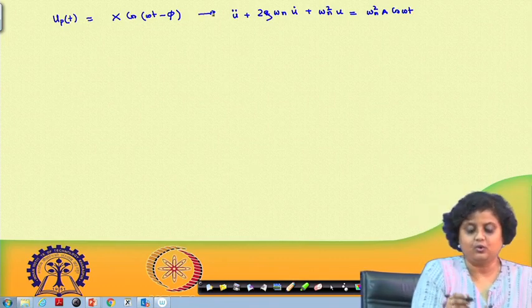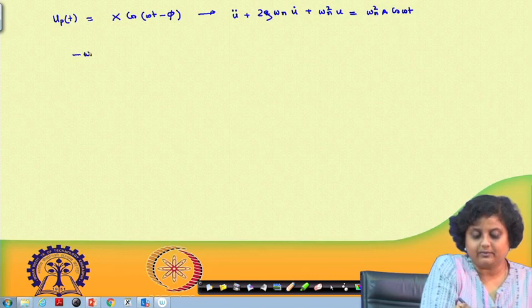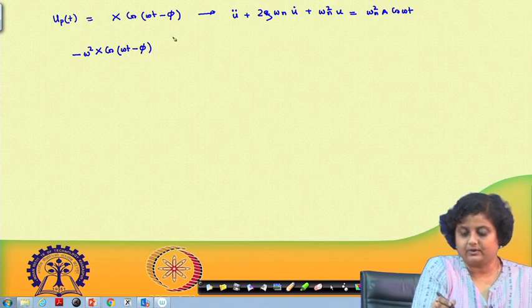If I do so, what am I going to get? I am going to get −ω² X cos(ωt − φ).